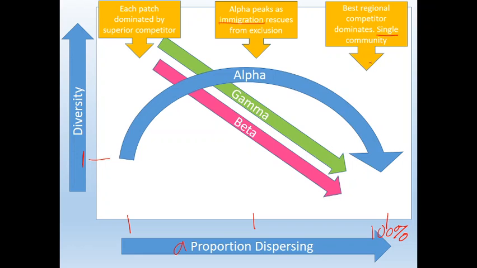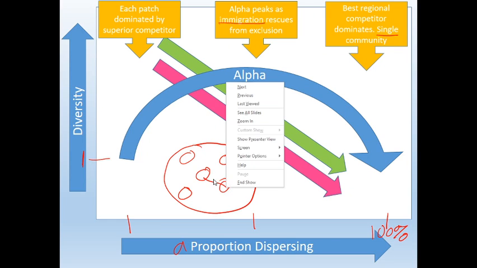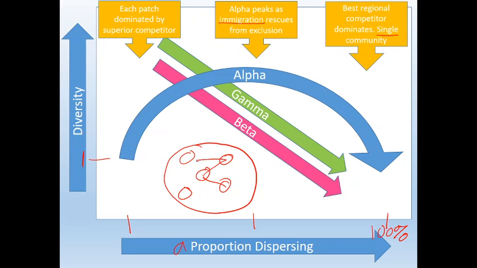Essentially, the community doesn't see this as a patch. So if you have a big region here with a bunch of different patches, and if 100% of the community can go from patch to patch to patch all over the place, you get every patch connected.